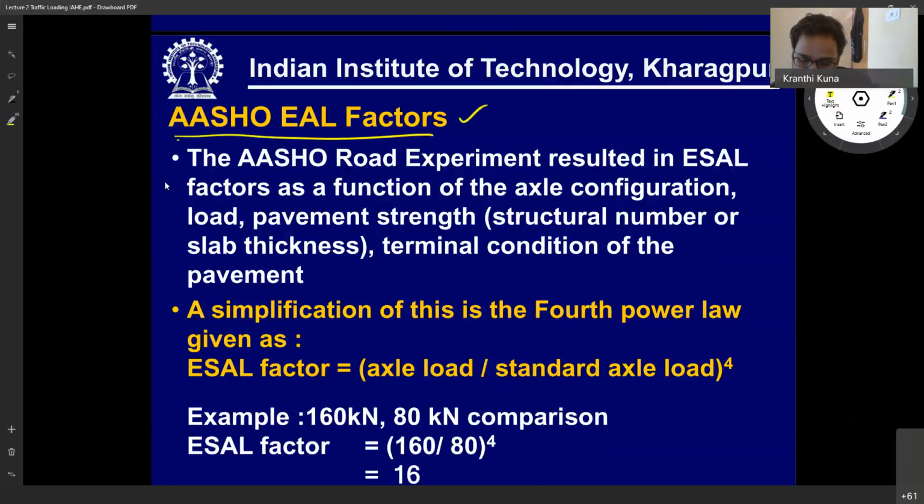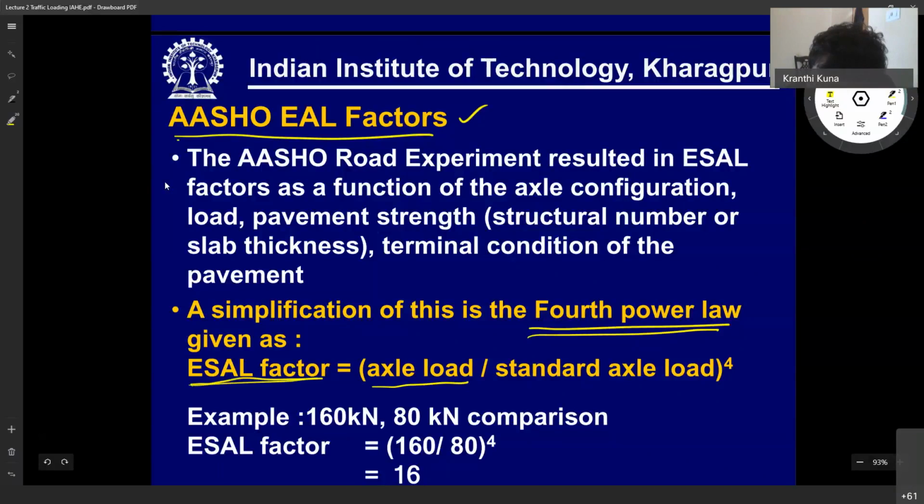And what they suggested is a factor called the fourth power law. Equivalent axle load factor equals axle load by standard axle load, to the power 4. In India we take 80 kilonewton as the standard axle, so that is in the denominator.